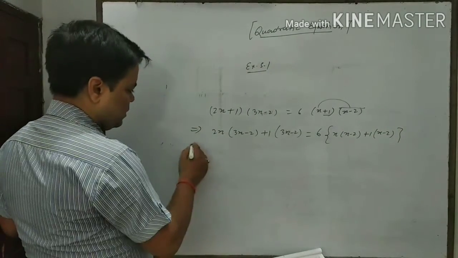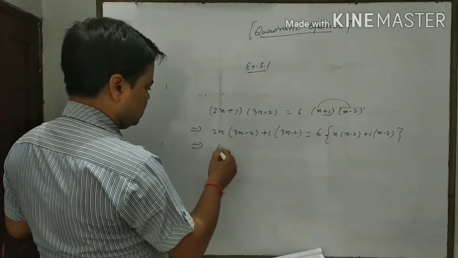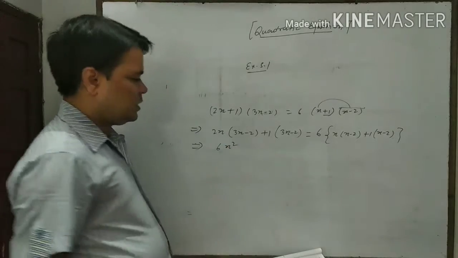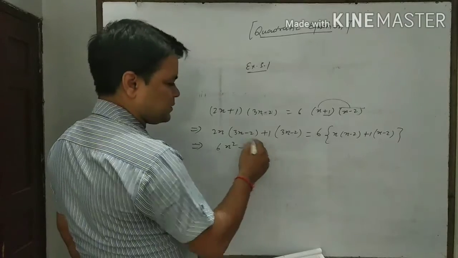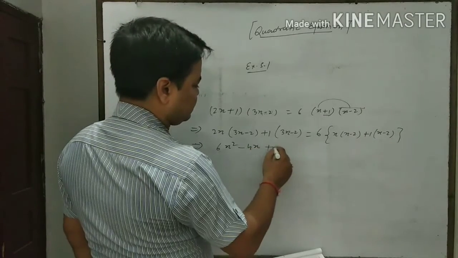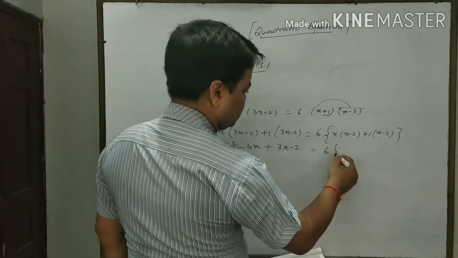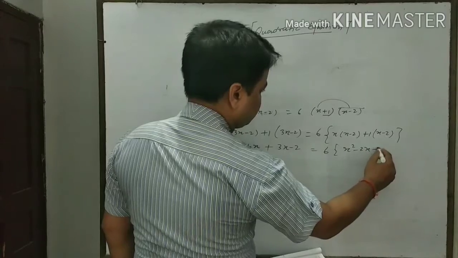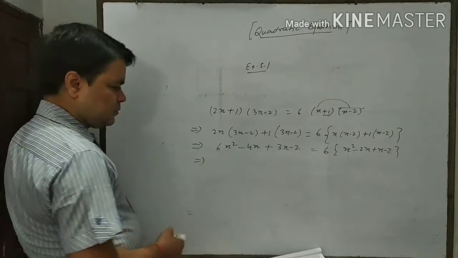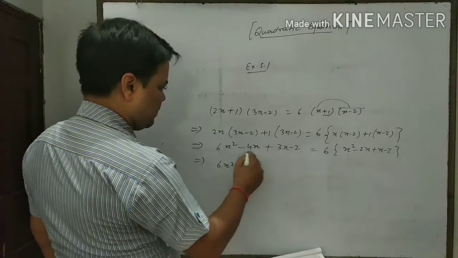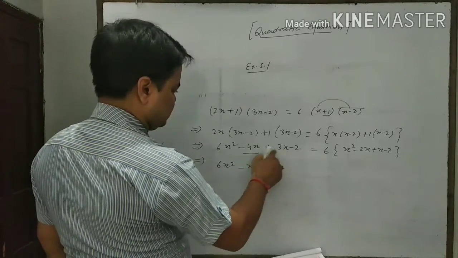Then it will be 2 3s are 6, x times x is x square, 6x square, and here minus 2 2s are 4x. Here it will be 3x minus 2 is equal to 6x square minus 2x plus x minus 2, like this. Solve: here 6x square minus 4x plus 3x will be minus x, and here minus 2.